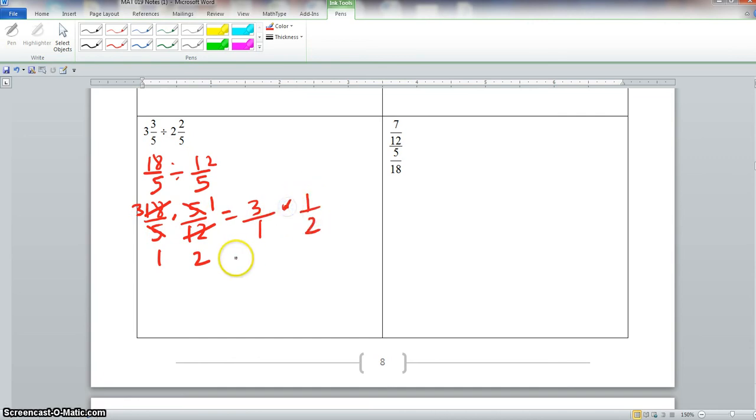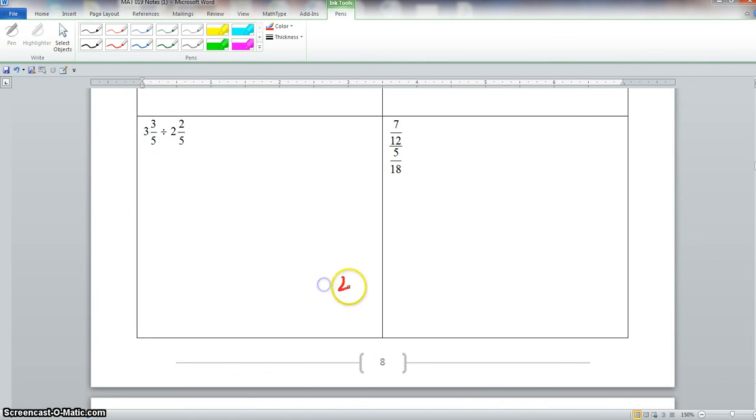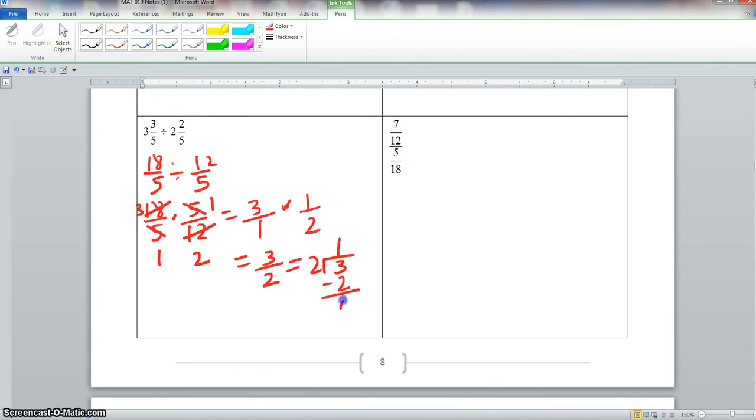So now we multiply 3 times 1 is 3, and 1 times 2 is 2. So we can rewrite this as a mixed number. 2 goes into 3 once, and we have a remainder of 1. So now our final answer would be 1, denominator stays 2, and our numerator is our remainder. So it'll be 1 and 1/2.